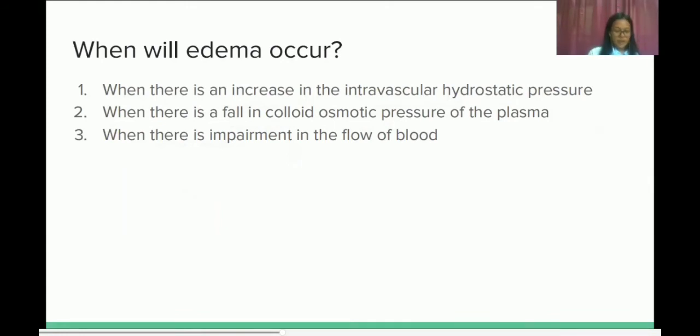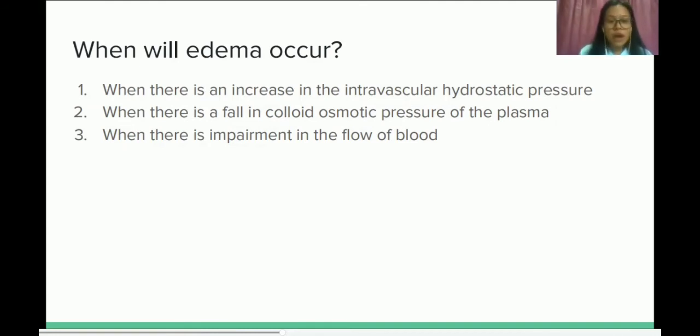So, when will edema occur? Edema will occur when there is an increase in intravascular hydrostatic pressure. Intravascular hydrostatic pressure is the main force that determines fluid leaving out of the capillaries. An increase in intravascular hydrostatic pressure will result in more fluid leaving the capillaries and going into the interstitial spaces.